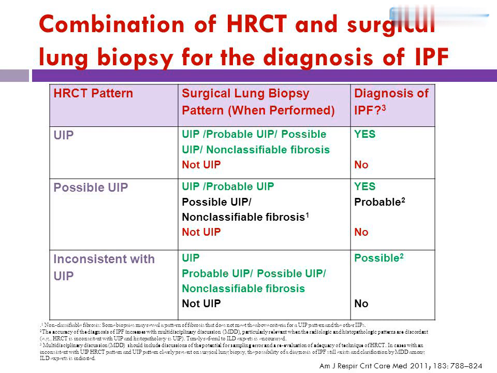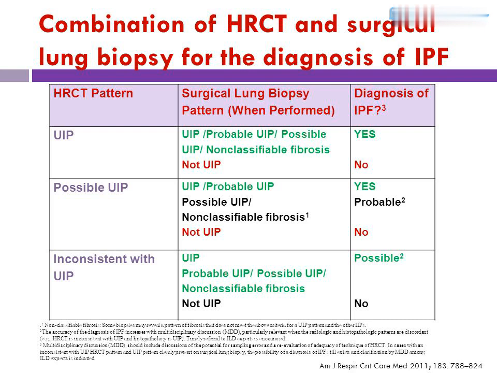2. The accuracy of the diagnosis of IPF increases with multidisciplinary discussion, MDD, particularly relevant when the radiologic and histopathologic patterns are discordant, for example HRCT is inconsistent with UIP and histopathology is UIP. Timely referral to ILD experts is encouraged. 3. Multidisciplinary discussion should include discussions of the potential for sampling error and a re-evaluation of adequacy of technique of HRCT.